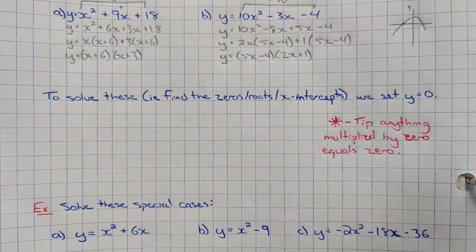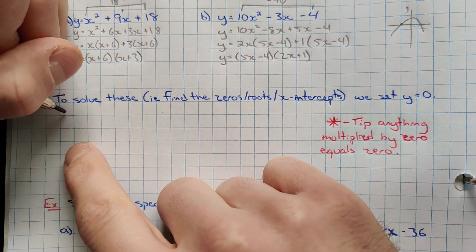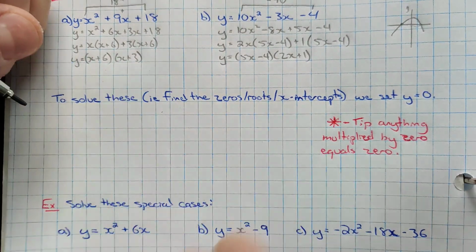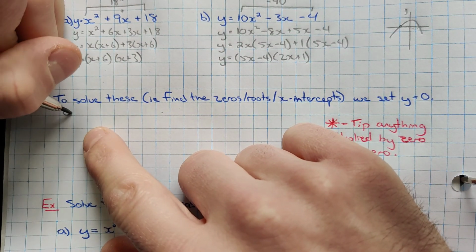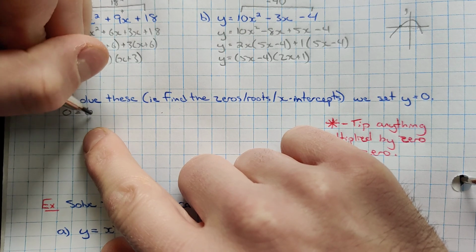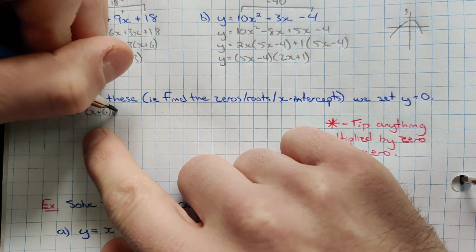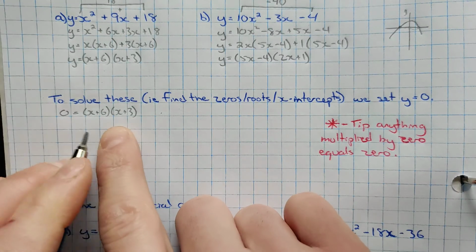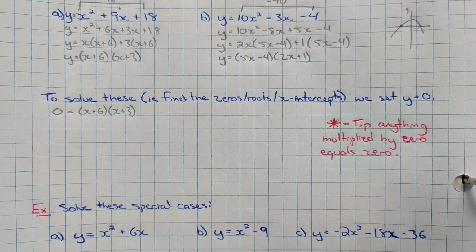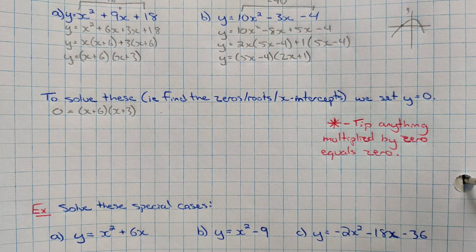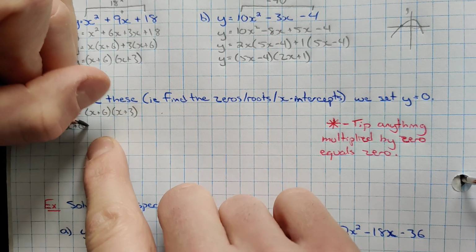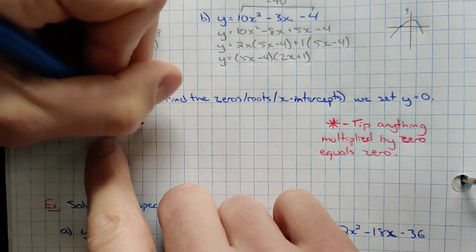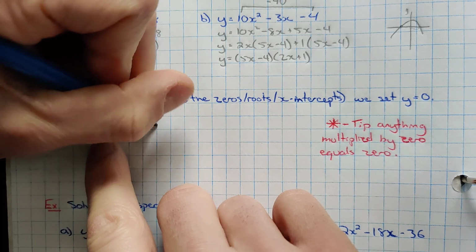Well, we know the zeros of the first one, but let's actually show how and why those become negative 6 and negative 3. So we set y equal to 0. And we have x plus 6 times x plus 3. So this whole expression has to equal 0. As the tip says, anything multiplied by 0 equals 0. So x plus 6 equals 0, or x plus 3 equals 0.